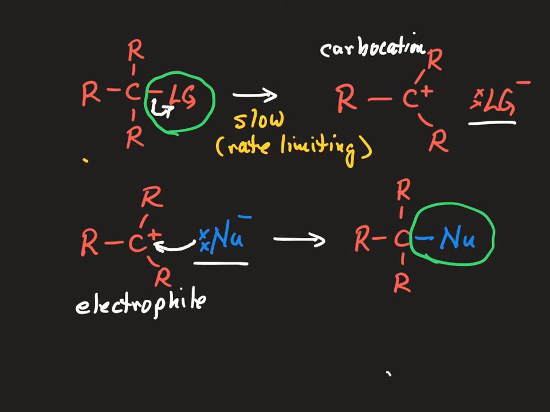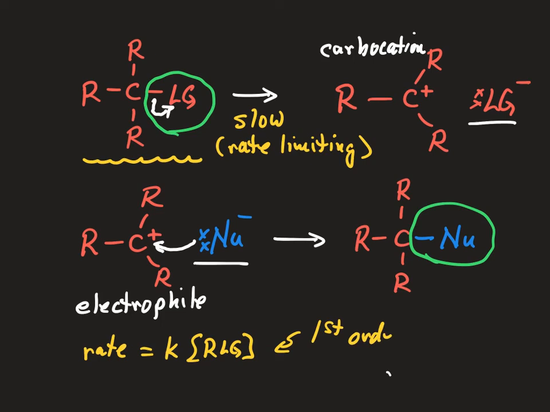And since it involves only one reactant, the rate is just equal to the rate constant times the concentration of the substrate with the leaving group, right? And so that makes this a first order process. And so we call these reactions SN1 reactions. Substitution, nucleophilic, first order.